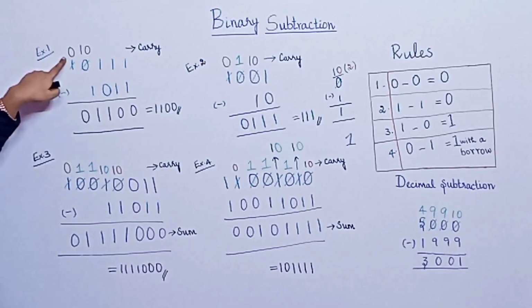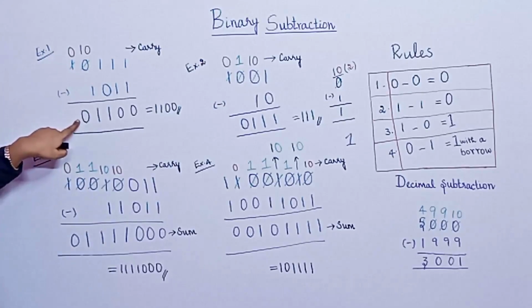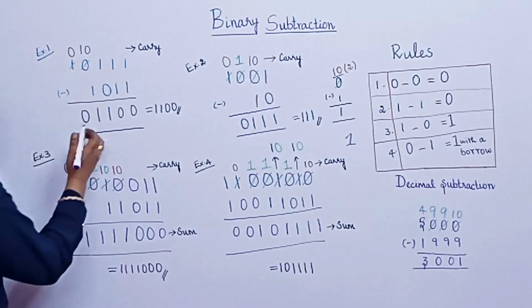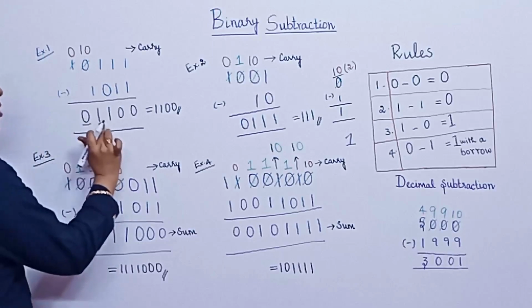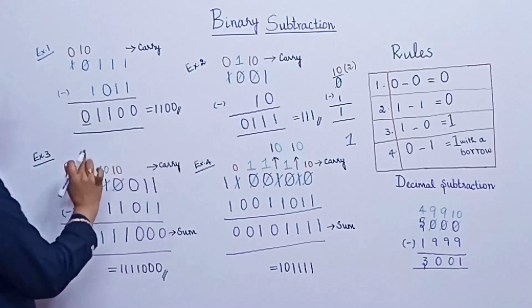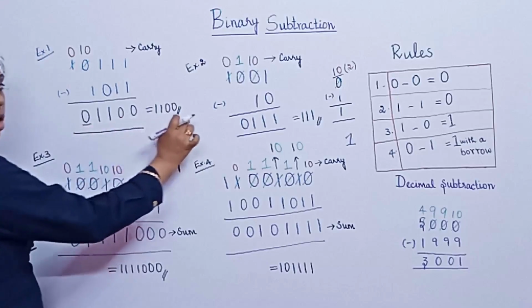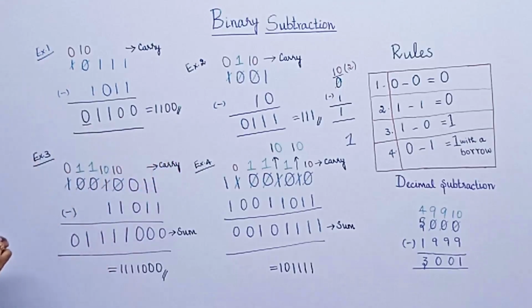So it has turned to 0. Initially when a 0 occurs at the front, it has no value. So the answer can be written, discarding this 0, simply as 1100. The original answer is 01100, but you can write it as 1100.